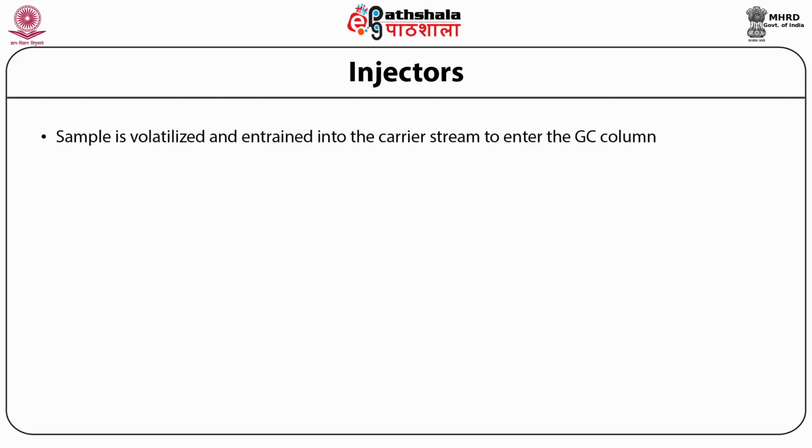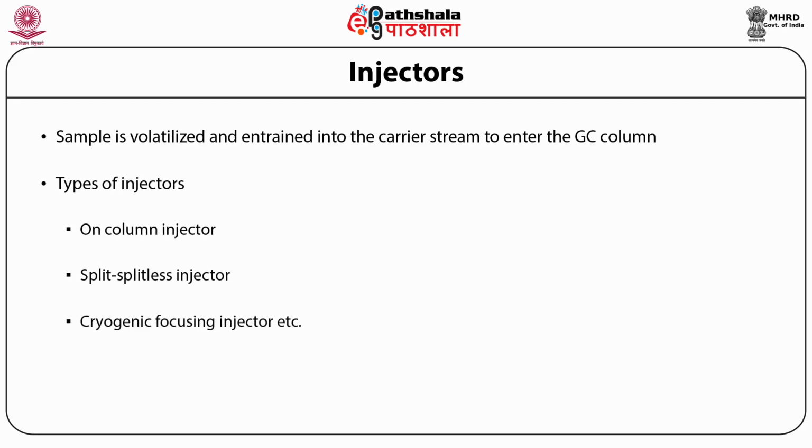Here the sample is volatilized and the resulting gas entrained into the carrier stream, entering the gas chromatograph column. Numerous types of injectors are available, like on-column injector, splitless injector, cryogenic focusing injector, etc. But the split/splitless injector is the most commonly used injector in gas chromatography.